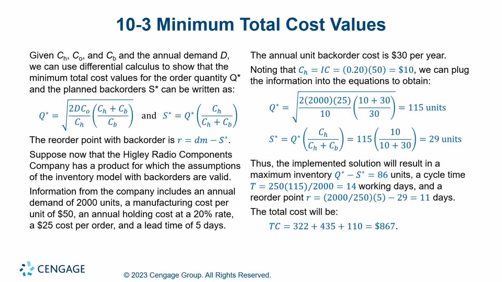So here we have M equal to 5, CO equal to 25, and CH is 20% times $50, so CH is equal to $10 per unit per year, and we have a demand of 2,000 units per year. The company is considering the possibility of allowing some back orders to occur for the product.